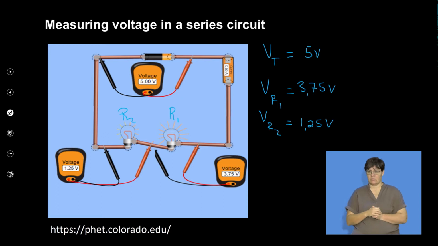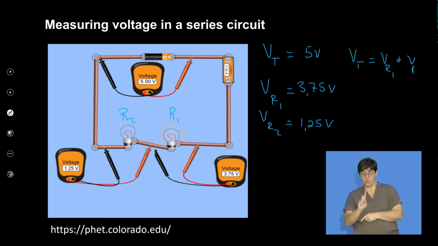Now, we come to a realization that the total voltage is split between R1 and R2. What are we saying here? We are saying that V total is equal to VR1 plus VR2.